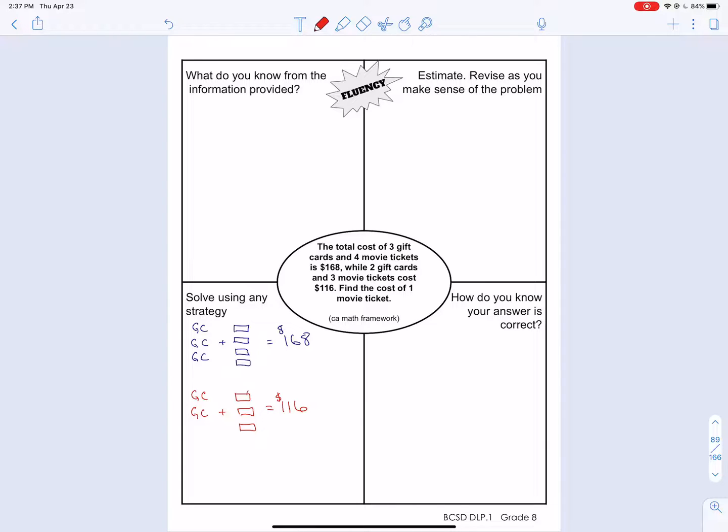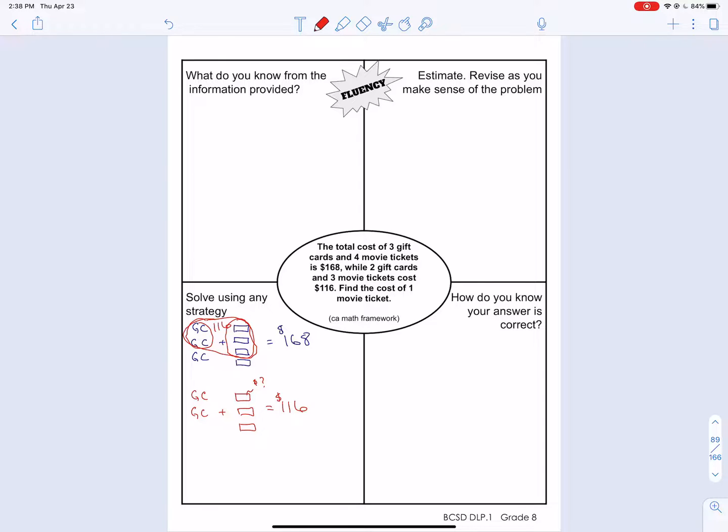Okay, so we need to know the cost of 1 movie ticket. So here's a ticket. How much does it cost? All right, let's think about this. If we look at these 2 different situations, we know that 2 of these, along with 3 of these, is 116.